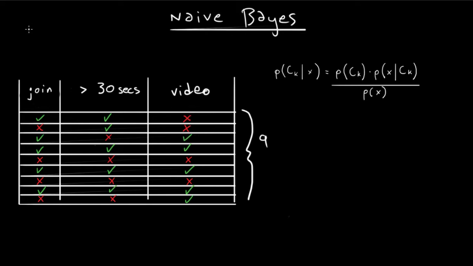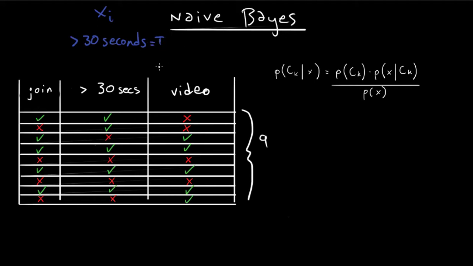But let's turn this into a business question. We want to be able to predict what the likelihood is if somebody has stayed longer than 30 seconds on the site. And we'll say that this is true. This is our set of features.